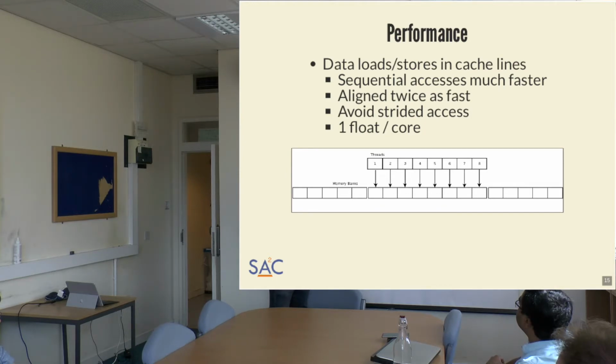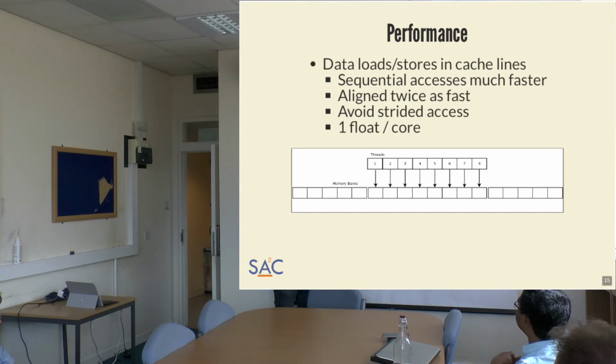So if this is one cache line, you can load the whole thing at once in such a way that the first compute unit can use the first one, the second can use the second one, the third can use the third one, and so on.